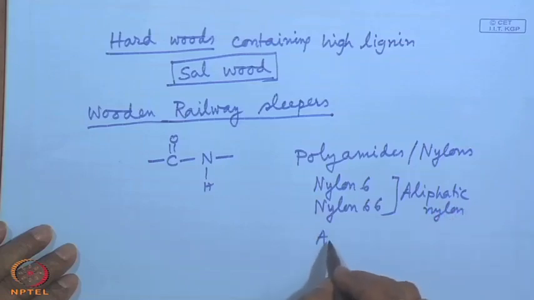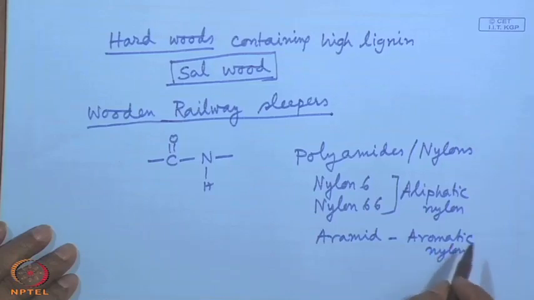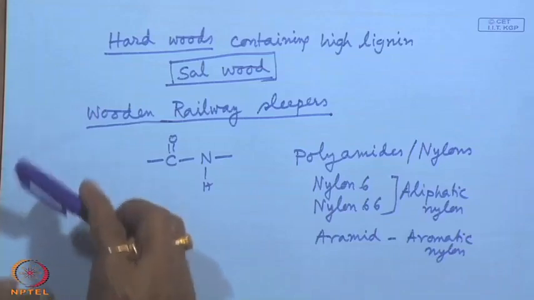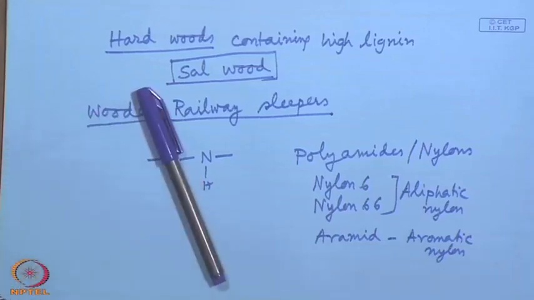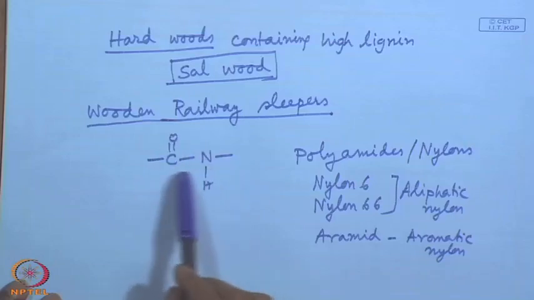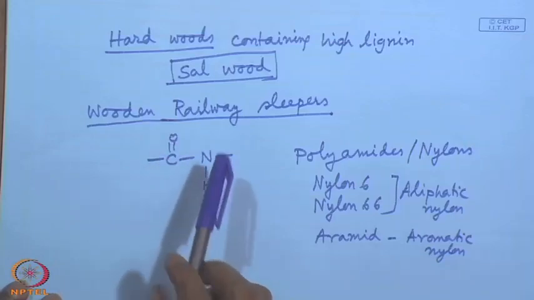There can be aramid, which is aromatic nylon. Aliphatic nylon degrades faster than aromatic nylon. These nylons are in general known as polyamides because of the presence of this amide linkage, which is similar to the peptide linkage in proteins.